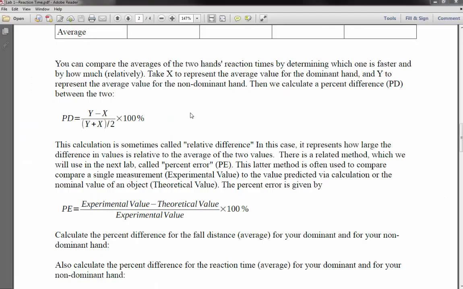So let's go ahead and open up the basic instructions, and you can see here that the percent difference is given. PD is y minus x over y plus x over 2 times 100%. So this is the thing that it's asking for. We want the percent difference between the right hand and the left hand.